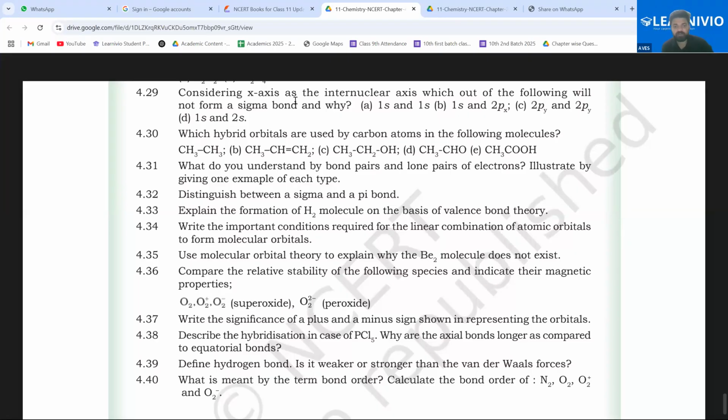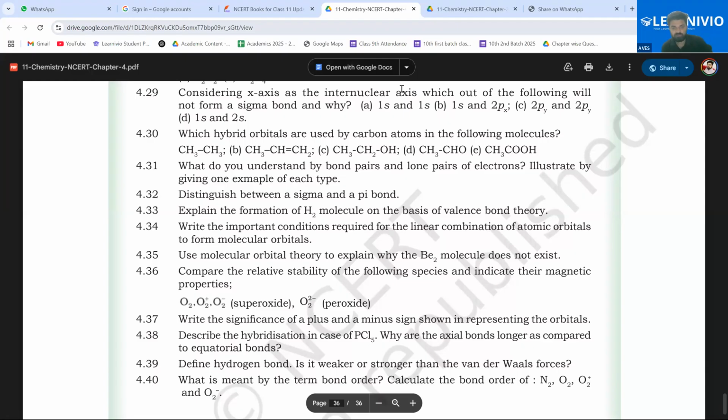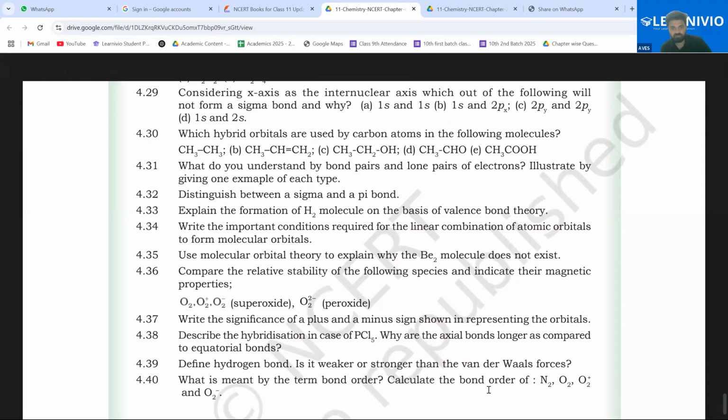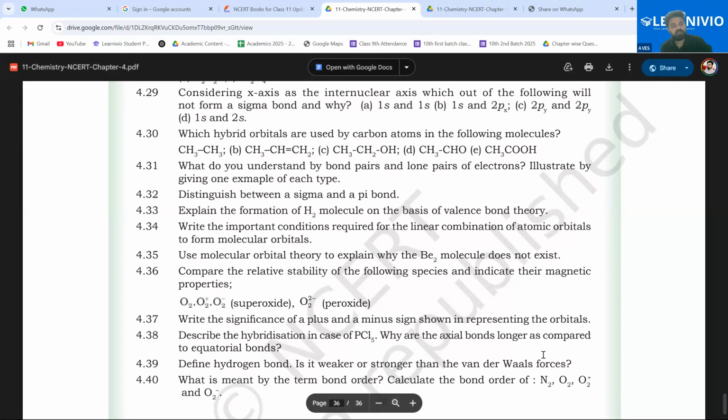I have not taught the H2 molecule. Question number 4.38. Describe the hybridization of PCl5 molecule. Why are the axial bonds longer as compared to the equatorial bonds? Note it down.